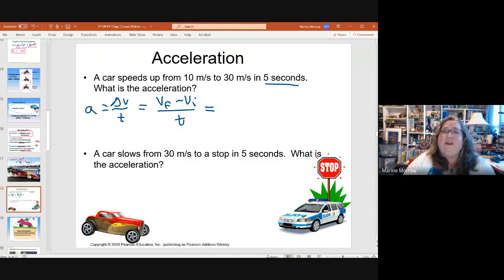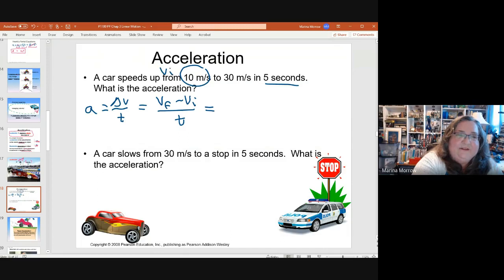And of course, when you're reading a problem, you've got to identify these things. So initial velocity, that must be the 10, right? That's V initial. And the final velocity must be the 30. And of course, this is the time. All right, so V final minus V initial.